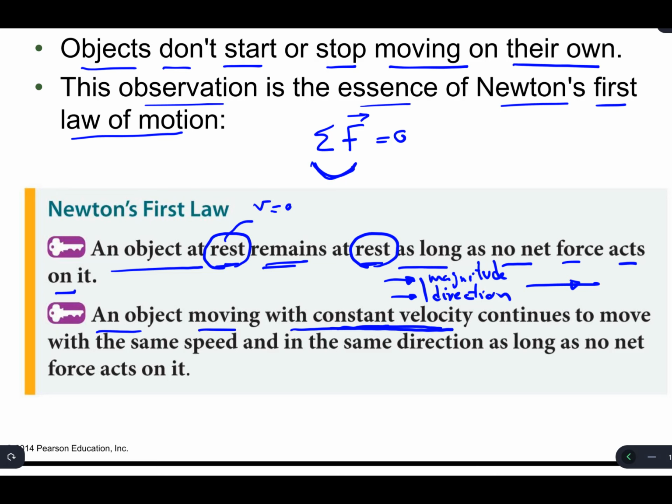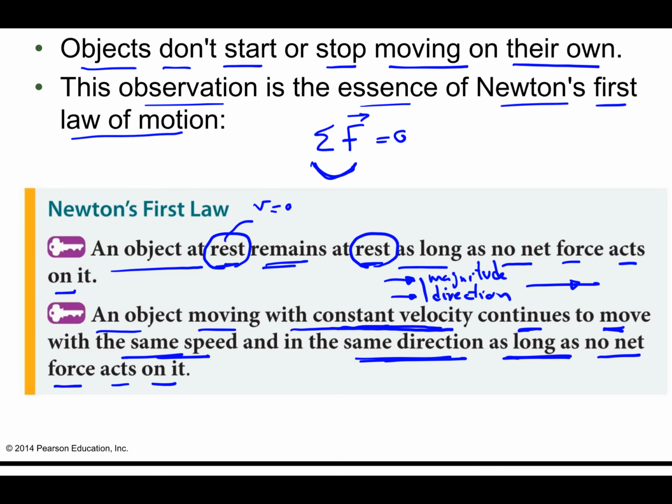The magnitude, the numerical value, is constant, and the direction is a straight line. So an object moving with constant velocity, meaning constant speed in a specific direction, a straight line, continues to move with the same speed and in the same direction as long as no net force acts on it.